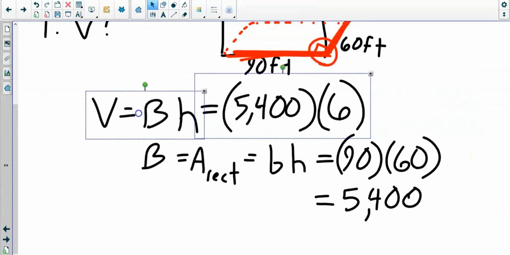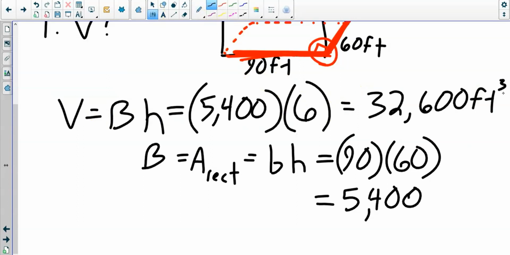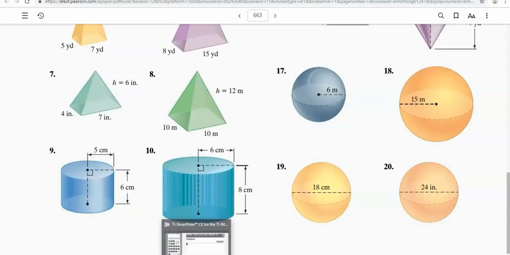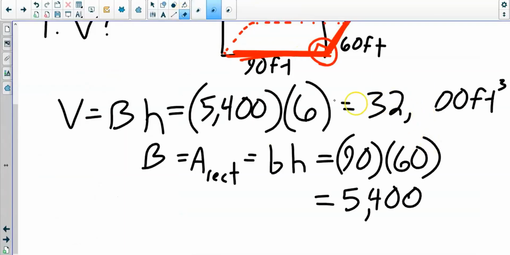So our volume, again, 32,400 feet cubed. So your labels for volume are cubed. Let me make sure that that was indeed the number, 32,400. I wrote it wrong the first time, so I've got to make sure that I write it correctly. 32,400. There's the volume of our pool.